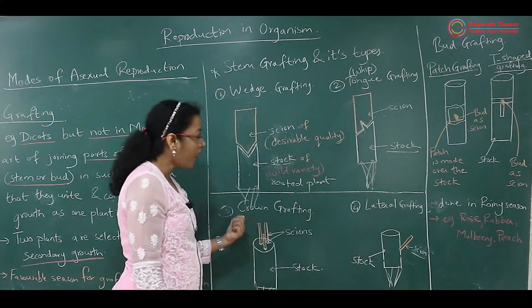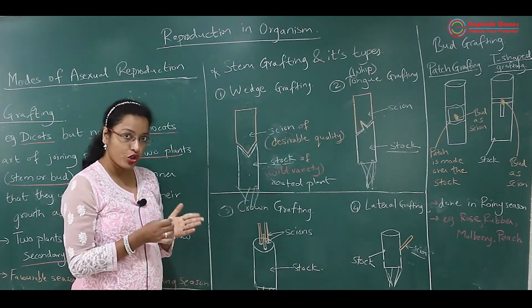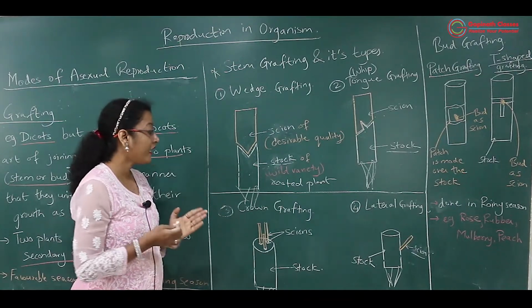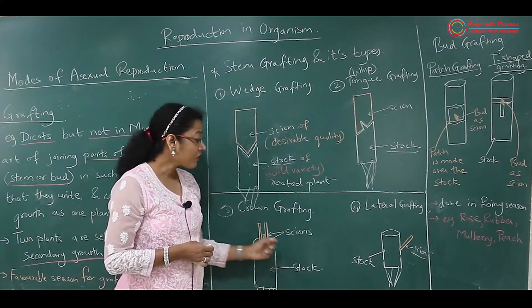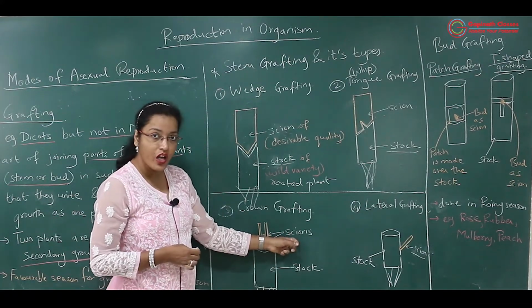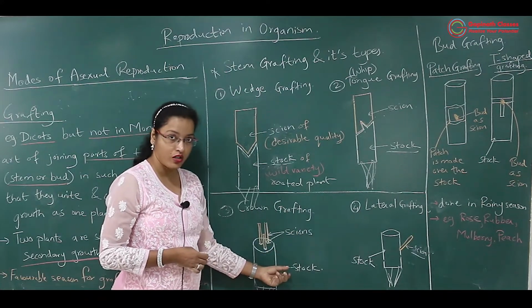So in crown grafting as well as lateral grafting, we can attach many scions, or else we can place many scions over the stalk, and the diameter of the scion is altogether different from the stalk.